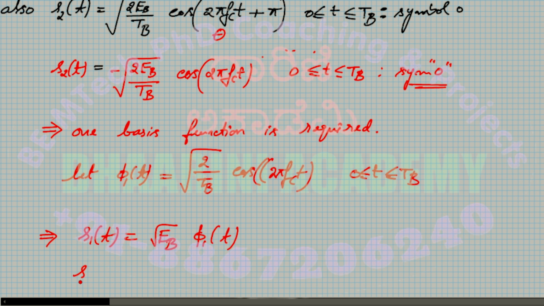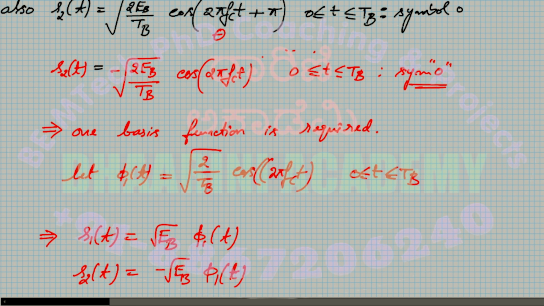And S2 of t is equal to minus root EB into phi 1 of t. Are you okay? Because I have to get the same S1 and S2 which I defined just now.